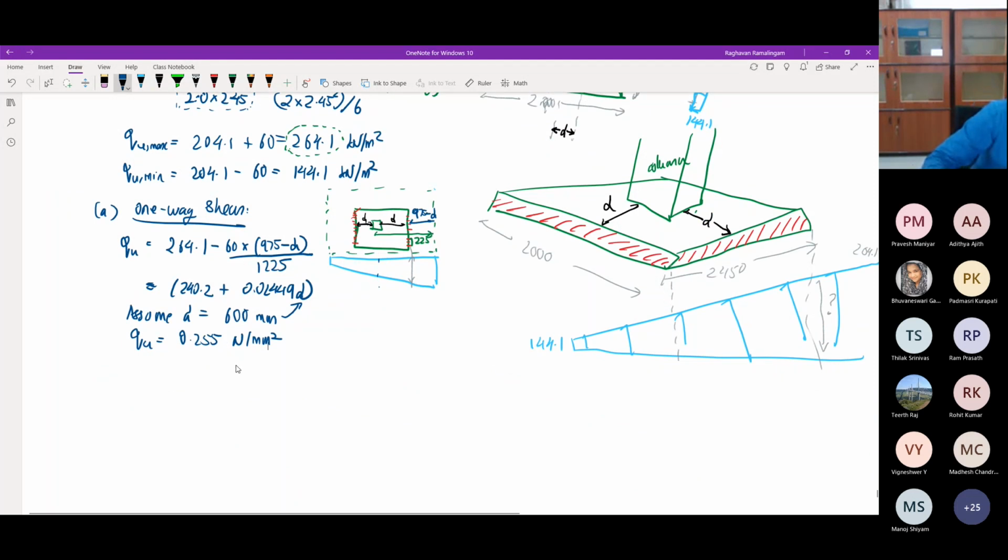And so if I convert it to shear force, the shear force will be this pressure times the area of that face.